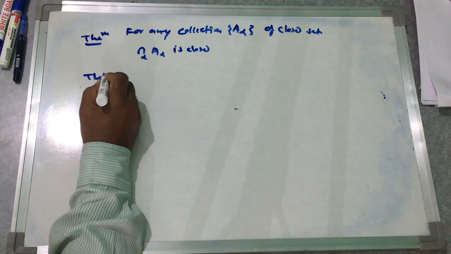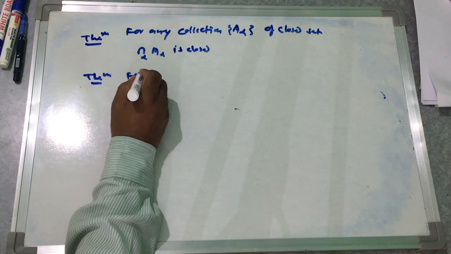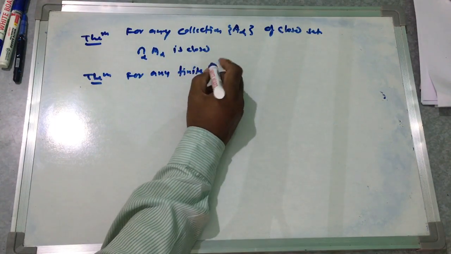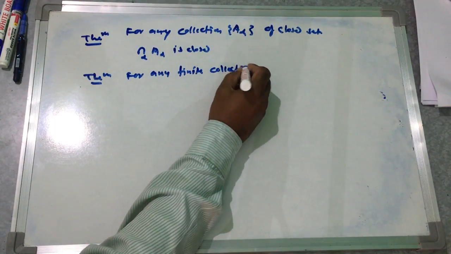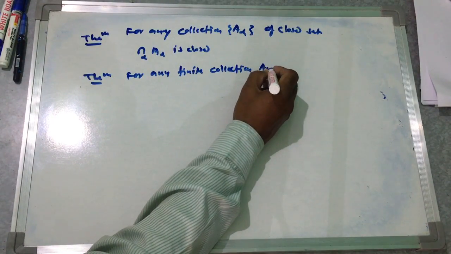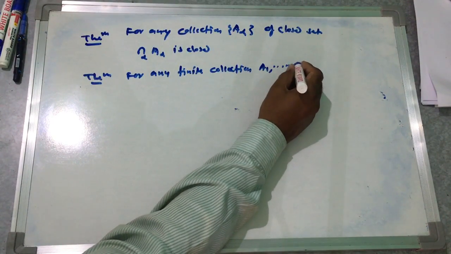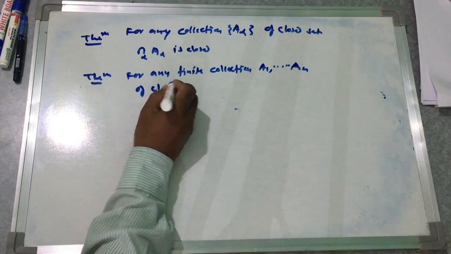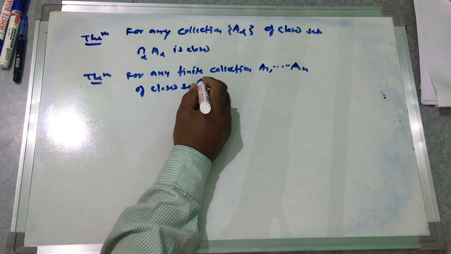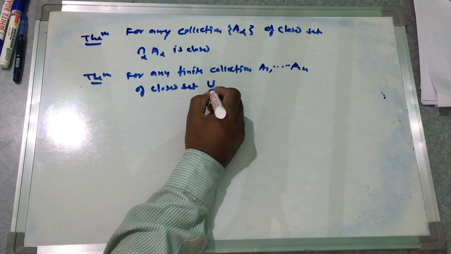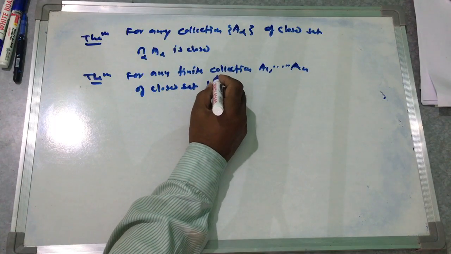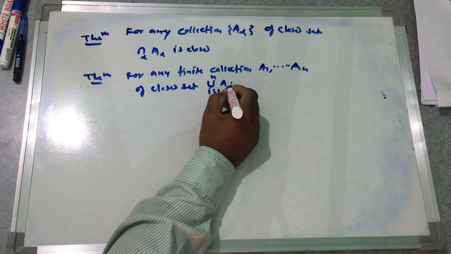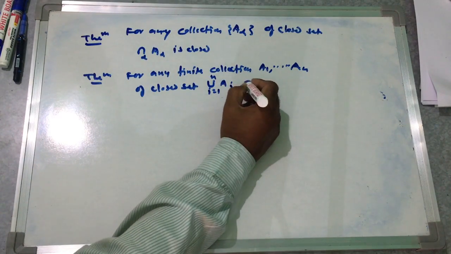Again, theorem. For any finite collection A1, A2, A3, up to AN, of closed sets, the union over i equal to 1 to n of A suffix i is closed.